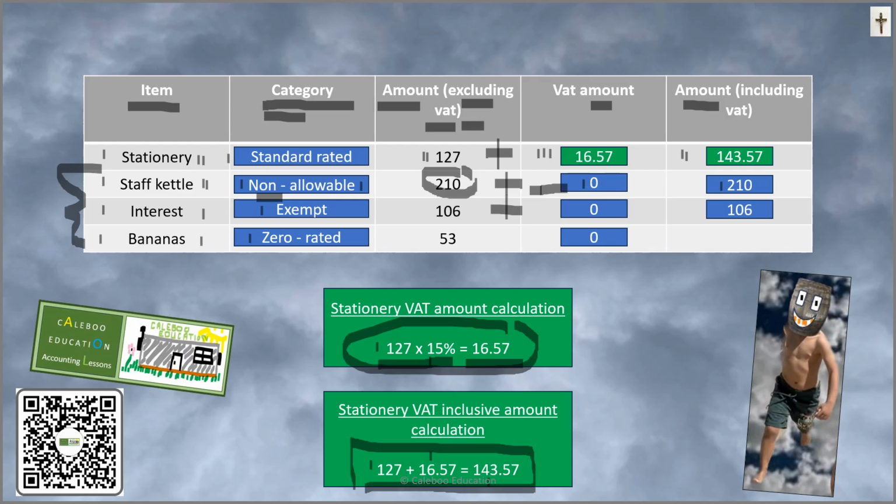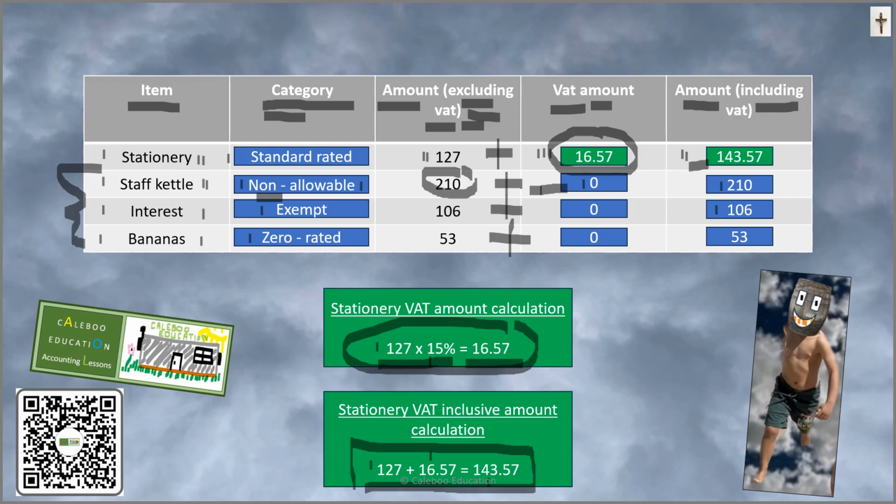106 plus naught is 106. 53 plus naught is 53. So in this example here, there was only one calculation where you calculated the VAT, 15% of 127, and you got the VAT inclusive amount by adding the exclusive amount plus the VAT amount gives the inclusive amount.